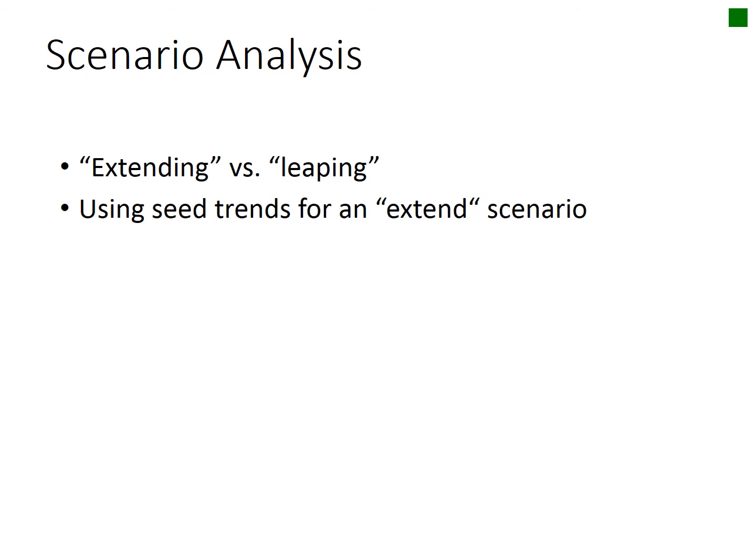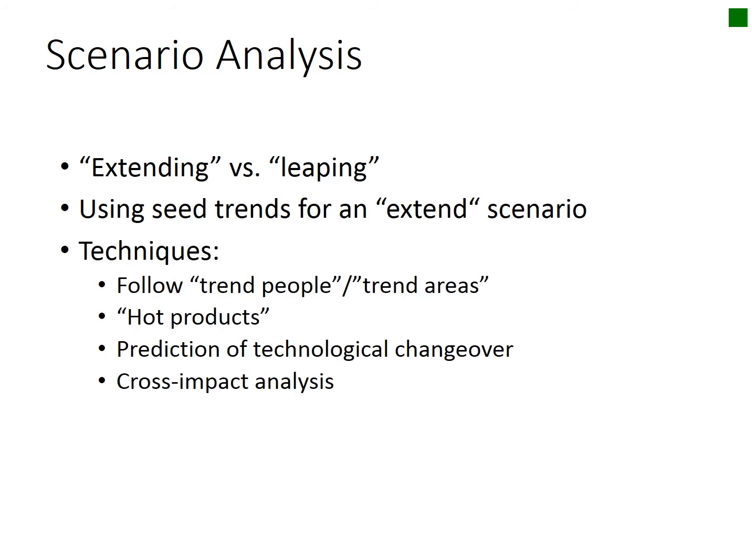We want to use these leaping and extending concepts to identify trends that are moving us in certain directions. If we can leapfrog a generation of product innovation, that would move us towards the leaping concept and bring our product and our innovation along much faster. A number of techniques exist to do this.